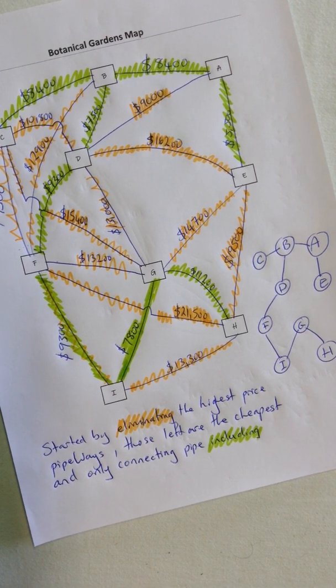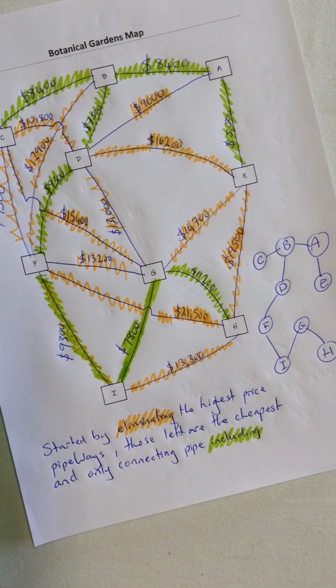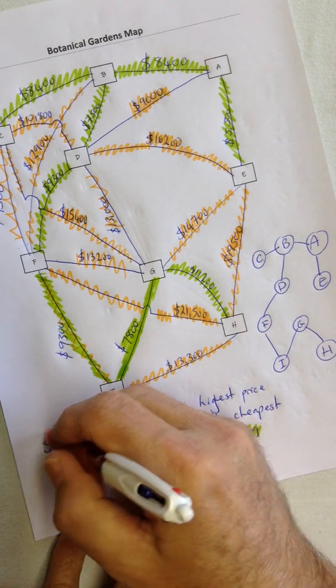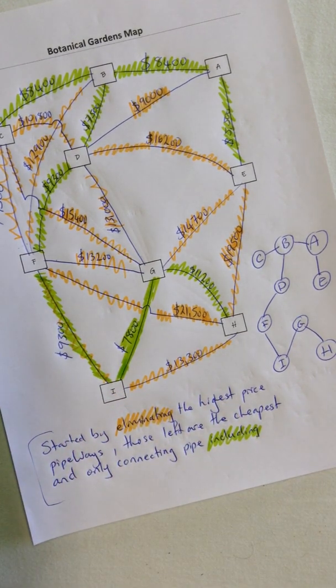Okay, did I use Kruskal's algorithm? In a way I have. I've kept all the cheap ones, I've got rid of the expensive ones. I could write down an explanation of how I've done that using Kruskal's just to nail it. I could probably expand on my explanation here, just how I was able to do this.